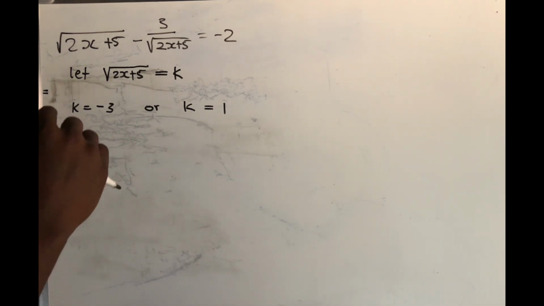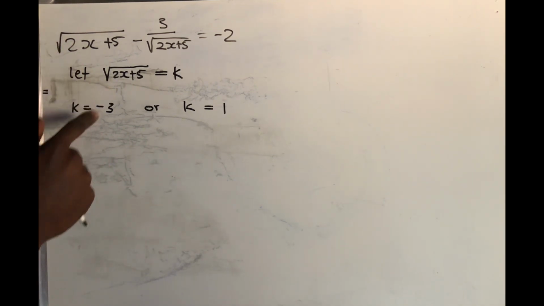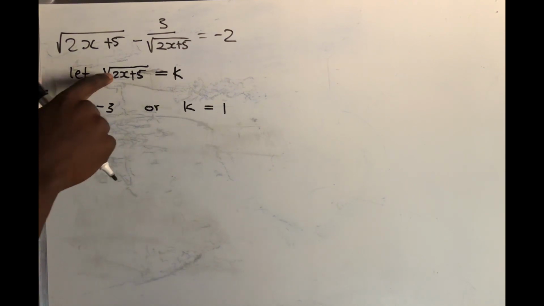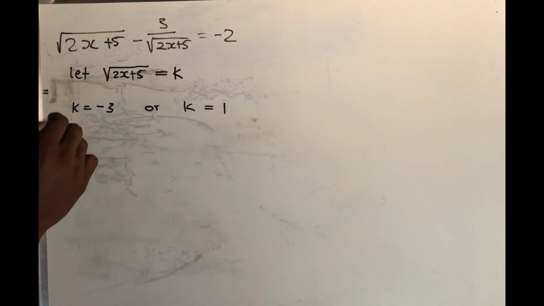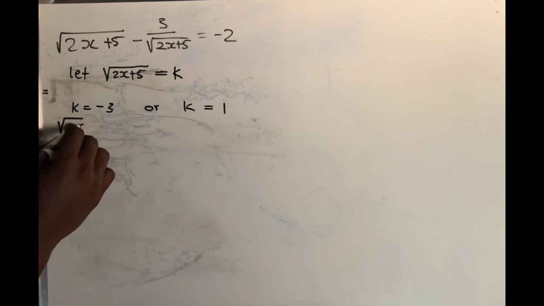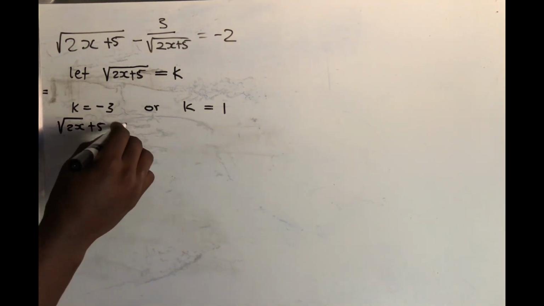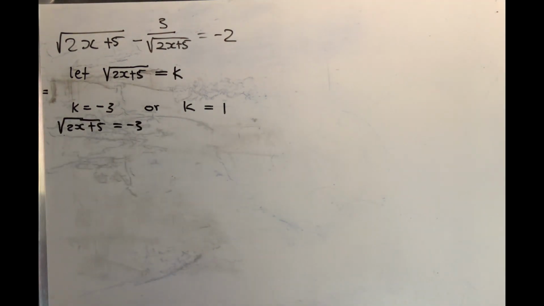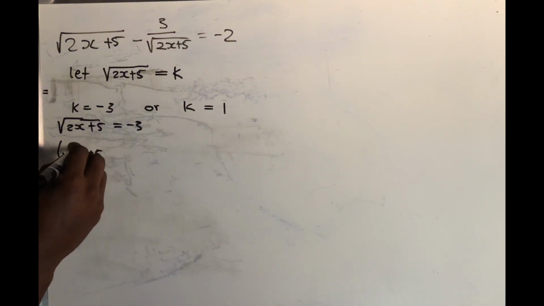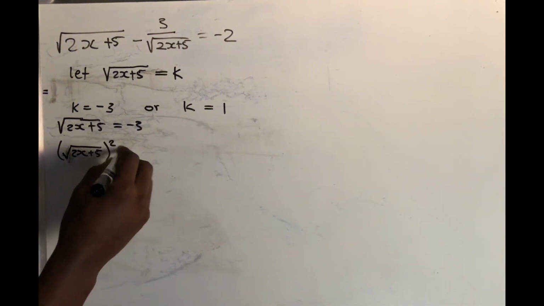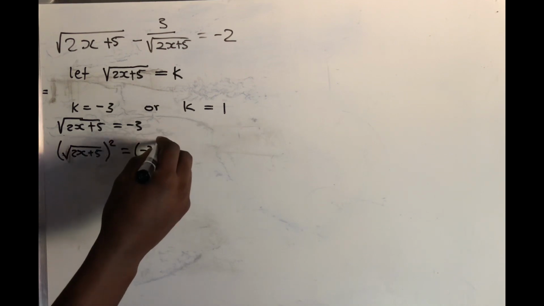Now we do what we've done from here to here. Instead of writing k, we write the square root of 2x plus 5 equals negative 3. To solve for x in this case, we square both sides: the square root of 2x plus 5 squared equals negative 3 squared.